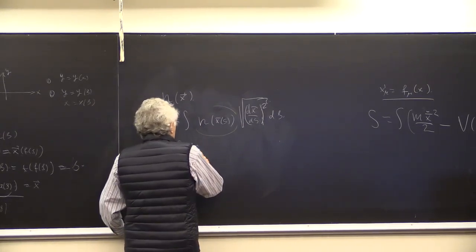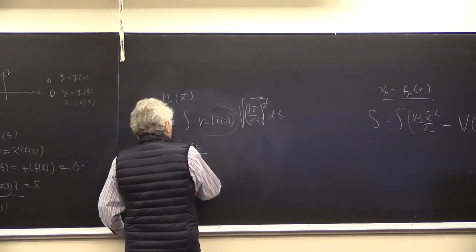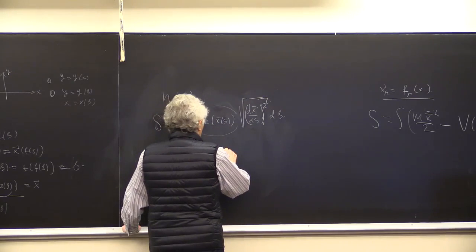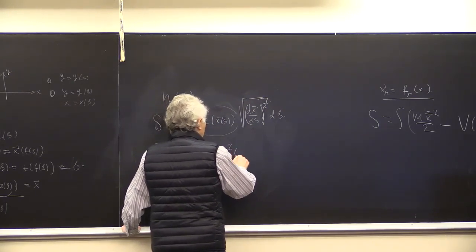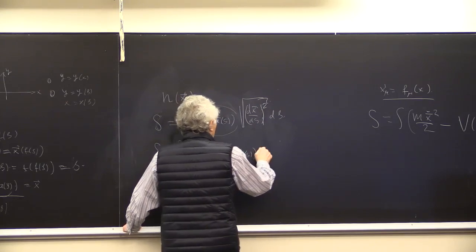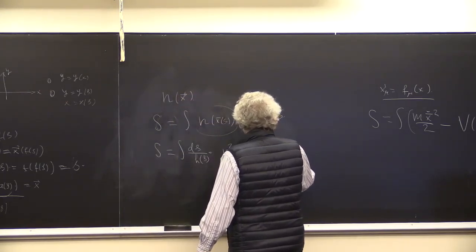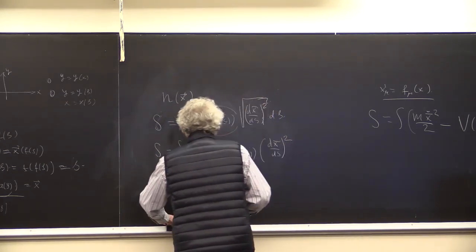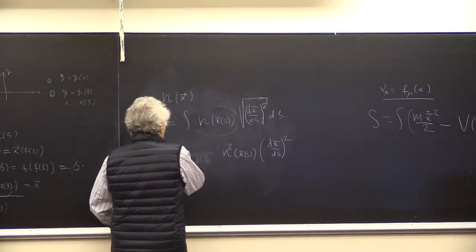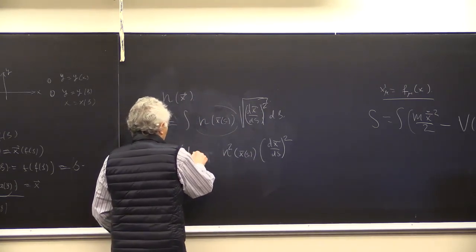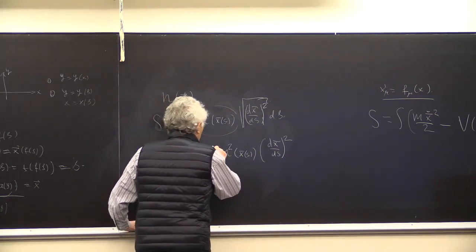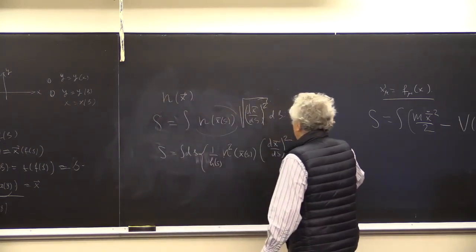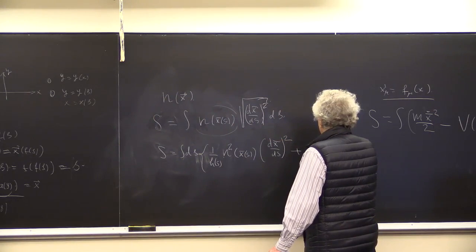You write down the integral ds. I introduce a new field, a new variable, h of s. Here I will put n squared of x of s times (dx over ds) squared. Let me write it down this way. Here we will divide it by h of s, and we add the term h of s.